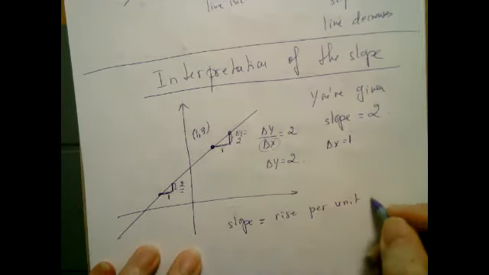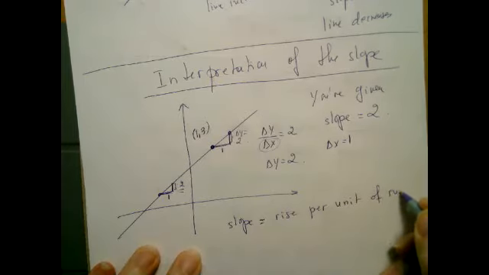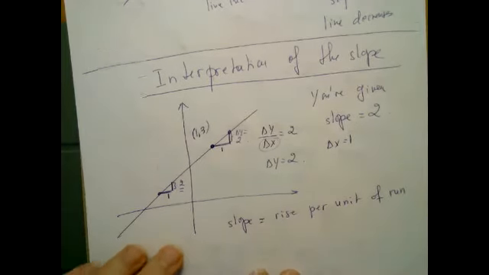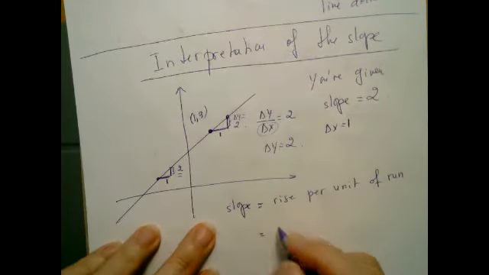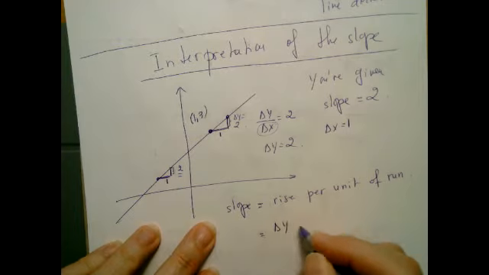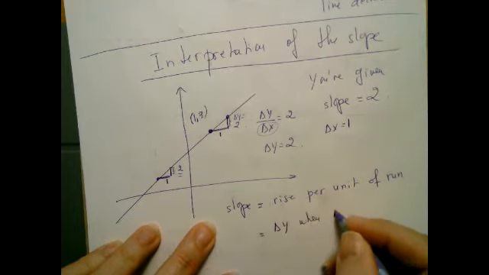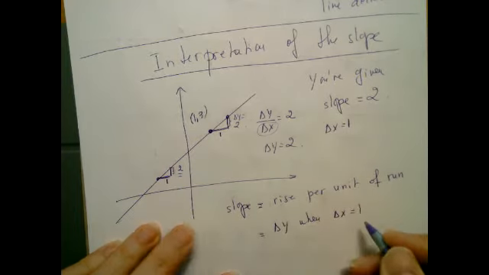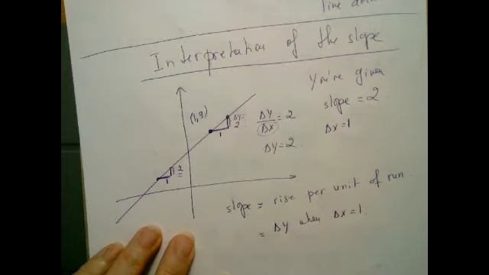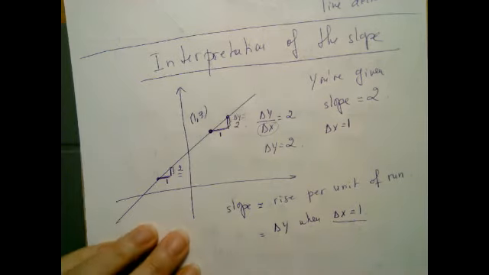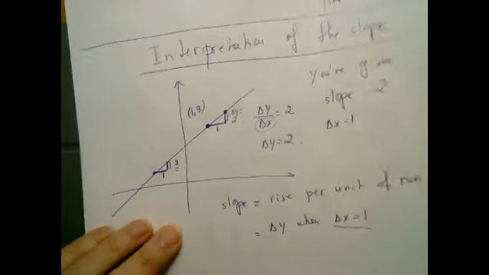The slope is the delta y when the delta x is equal to 1. So it tells you by how much we go up or down when the change is equal to 1. That interpretation helps us a lot in understanding the slope.